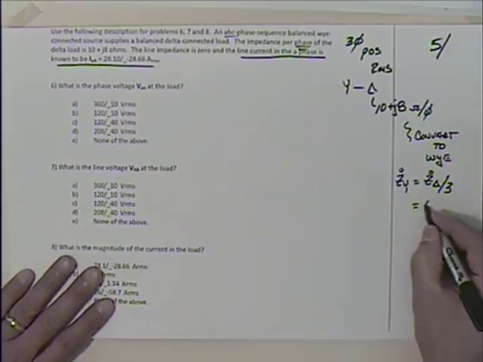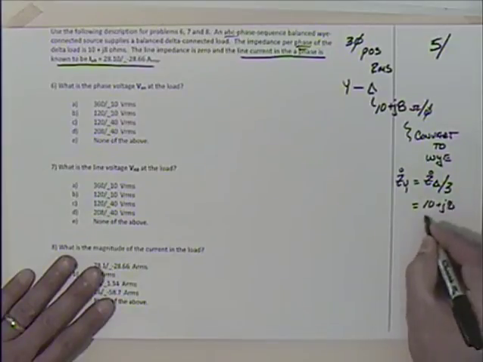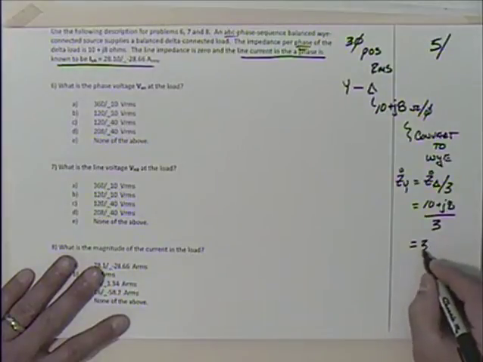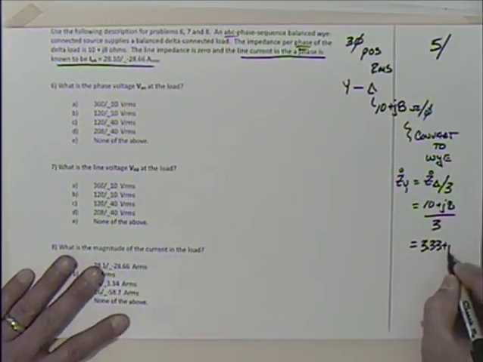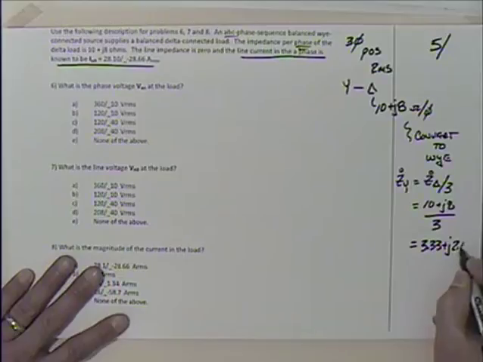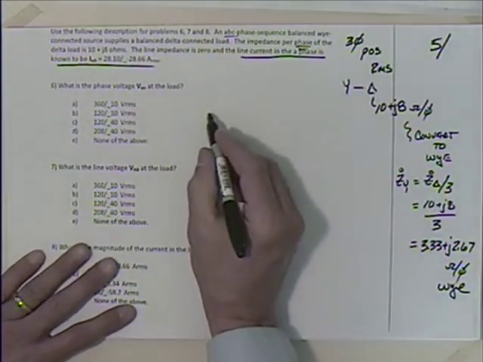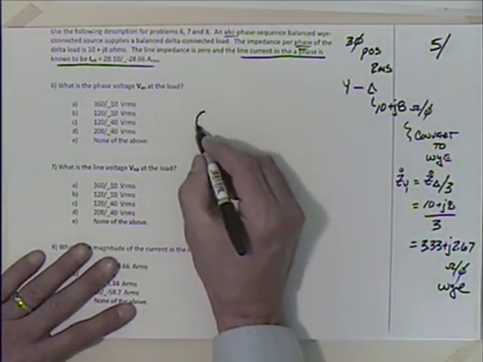So I have 10 plus J8 divided by 3, which gives me 3.33 plus J2.67 ohms per phase in the Y. Okay, so I can come up with this single phase equivalent circuit. It's going to look something like this.